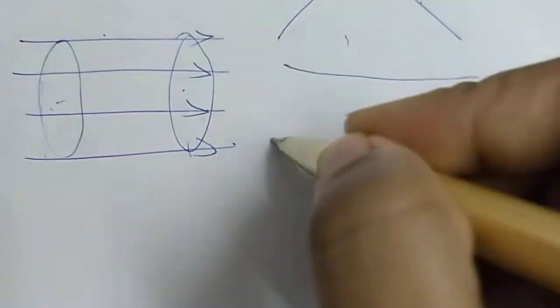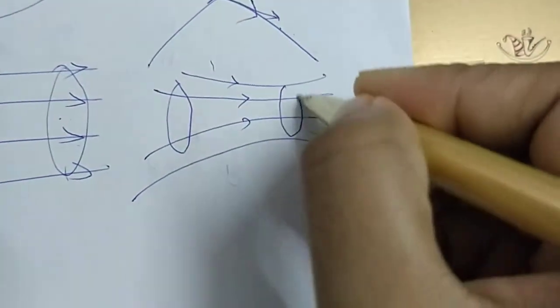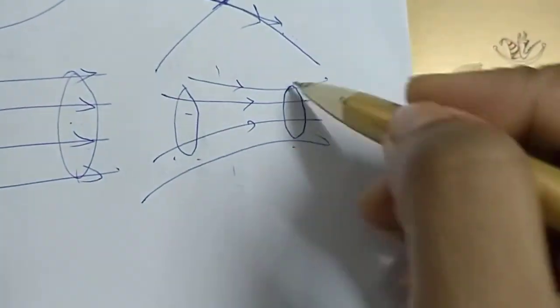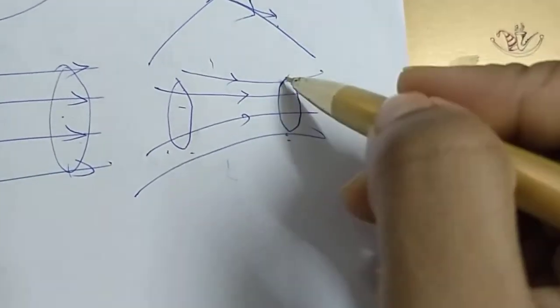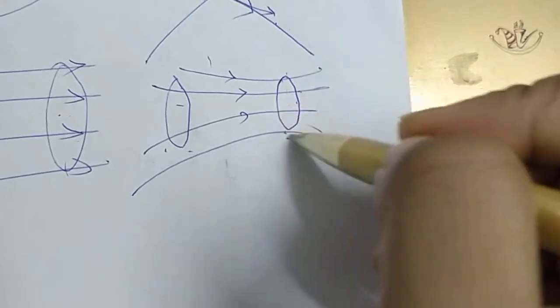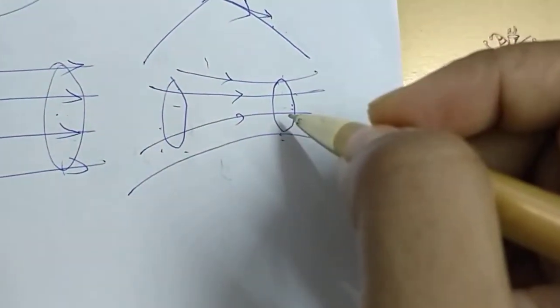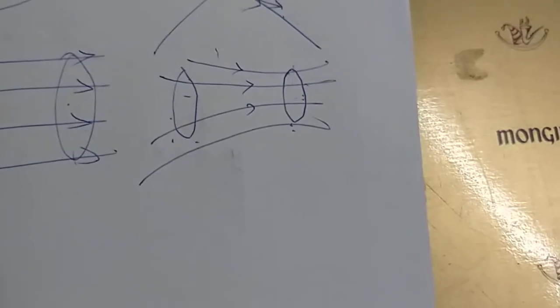But if you have this kind of a magnetic field, and I consider equal areas at these two points, here the field lines are only 2, here 3 or 4. So the lines are closer, and in the same area more lines are crossing. That is why the magnetic field strength will be stronger here and weaker here. So the closer the field lines, the stronger the magnetic field, you can also write that.